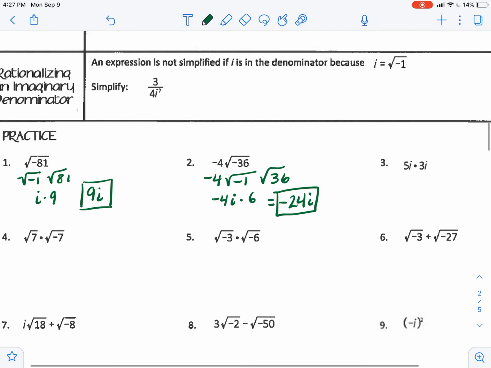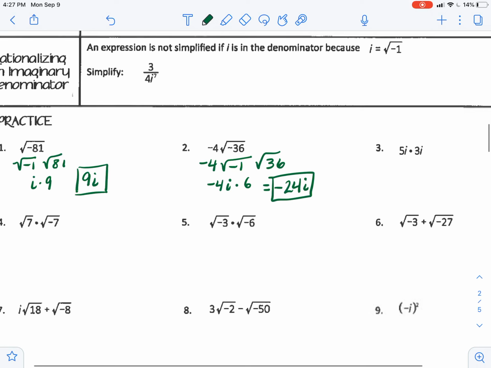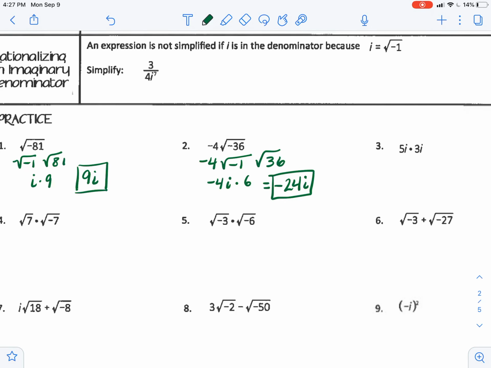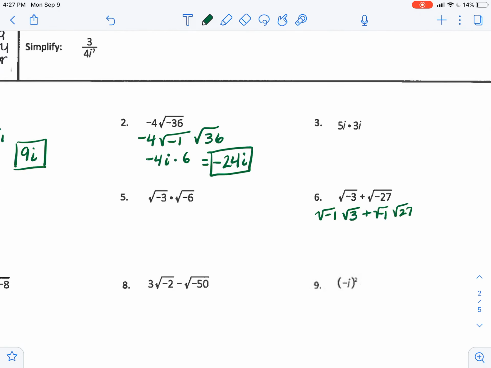Let's go to number 6. So the square root of a negative 3 and the square root of a negative 27. So first I'm going to do what I told you, simplify your radical. Negative 1 and 3. Over here I have the negative 1 and 27. So the square root of a negative 1 is i.